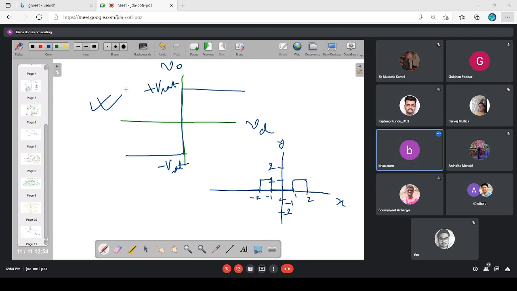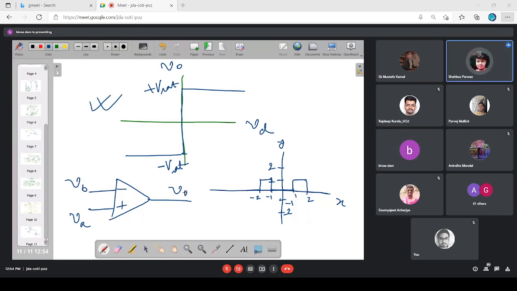So now I am connecting two input potentials VA and VB here. I am monitoring the output. If the output is plus VSAT, what will be my inference?